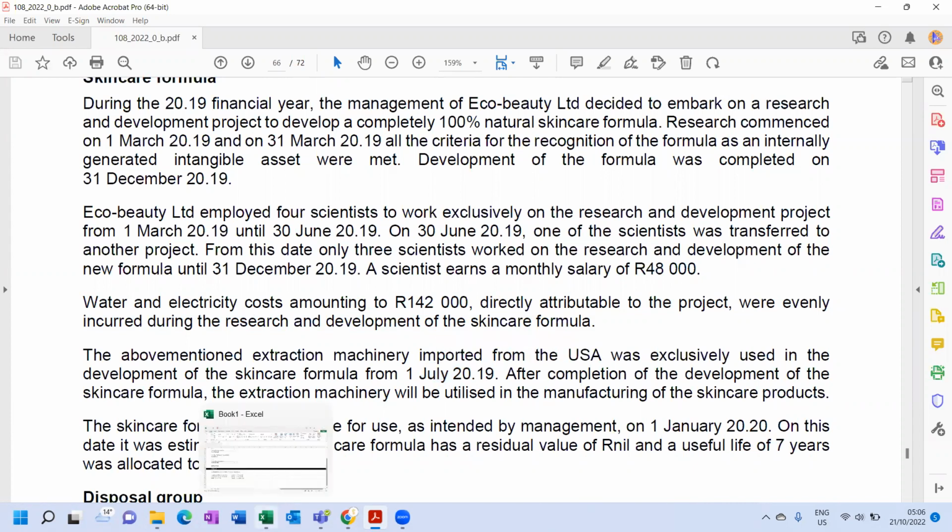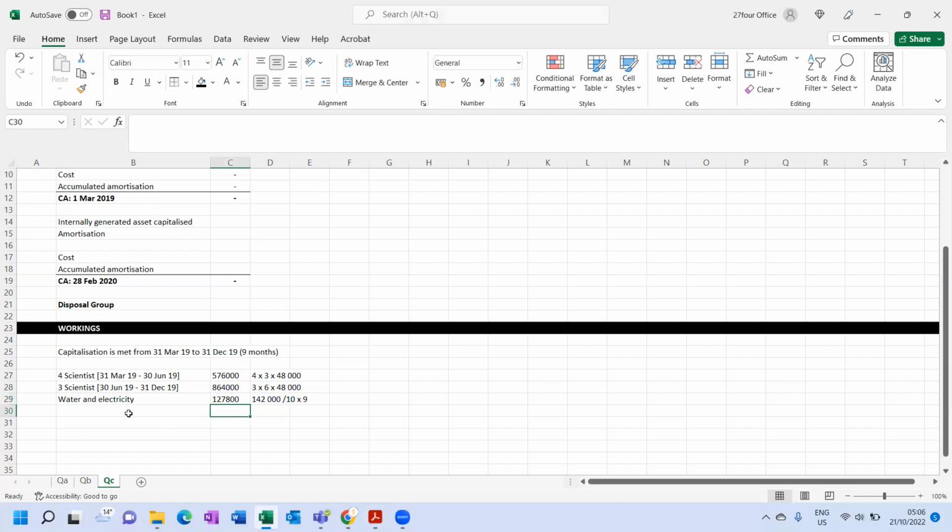So depreciation will be capitalized to the asset, from 1 July 19 to 31 December 19. The depreciation will be capitalized because it's used in the cost of an asset. Just take note of that.